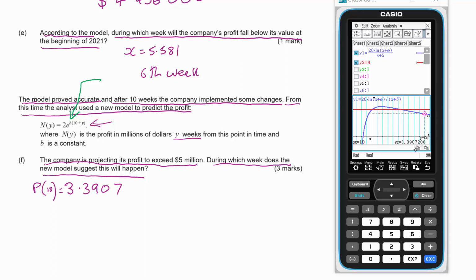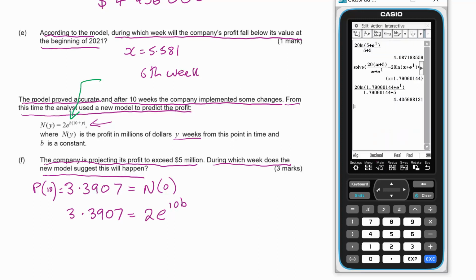And so we know that that would be equal to the new model at 0. So I've got 3.3907 equals, if y is 0, 2e to the 10b. So I need to go back to main and solve that.